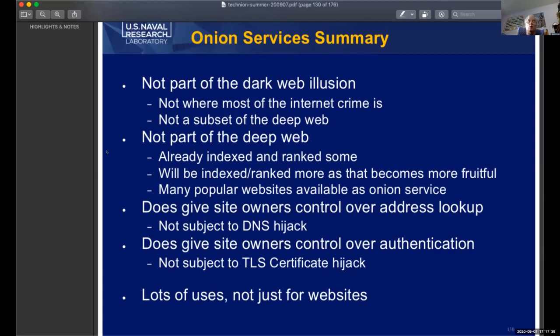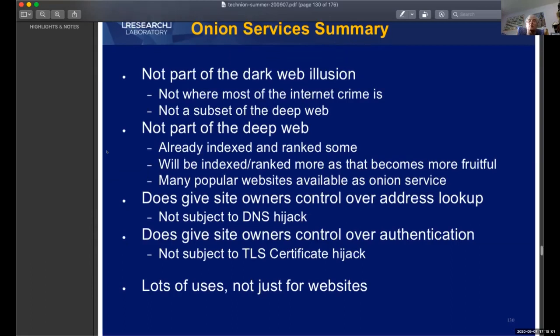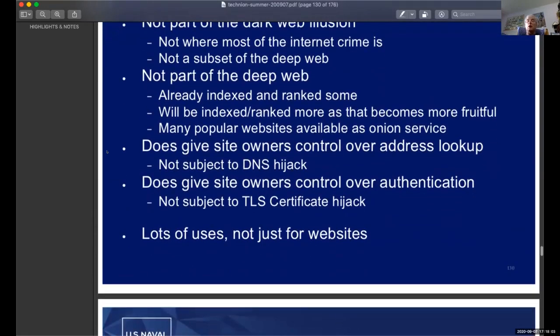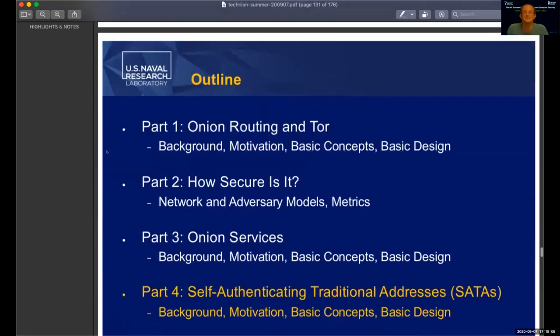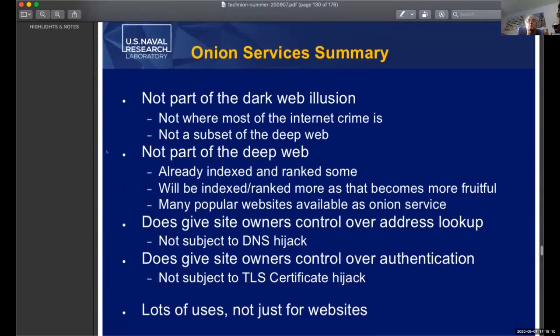And what it does do is provide site owners with some control over address lookup by doing something more secure than DNS, and giving site owners control over authentication by having addresses which are not subject to TLS hijack. And as I just said, they're not just for websites. So I've got one more section to go, but I'll be happy to answer questions about onion services. And we'll leave it on that.